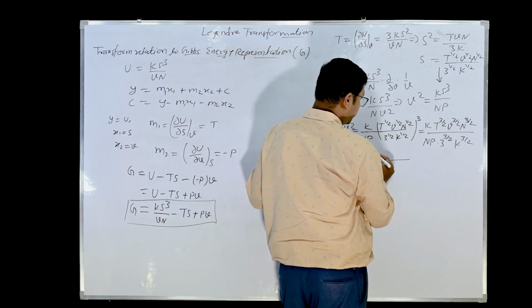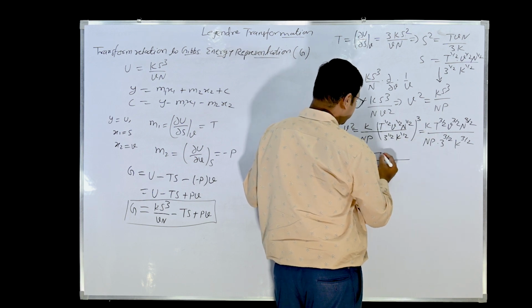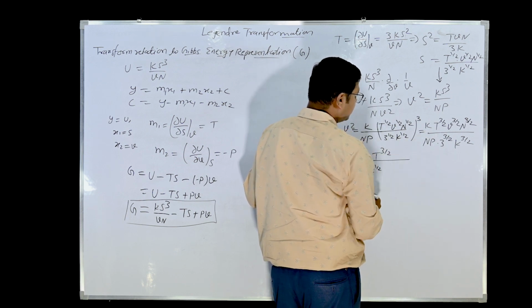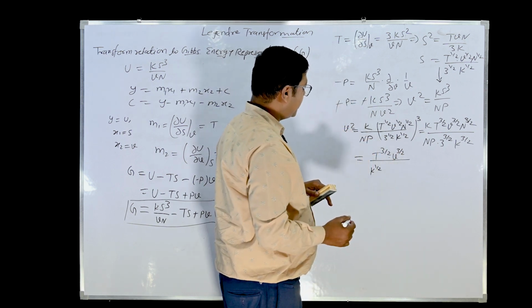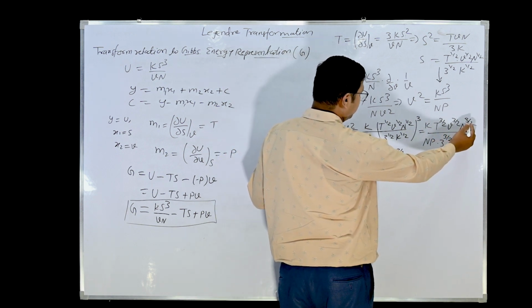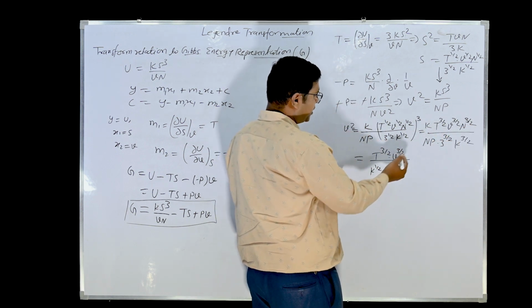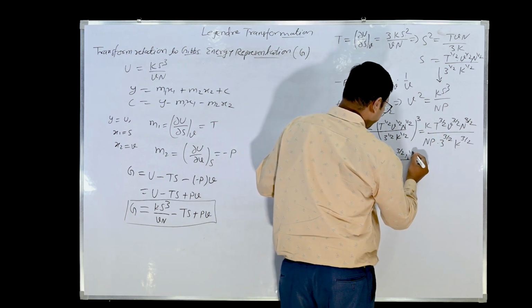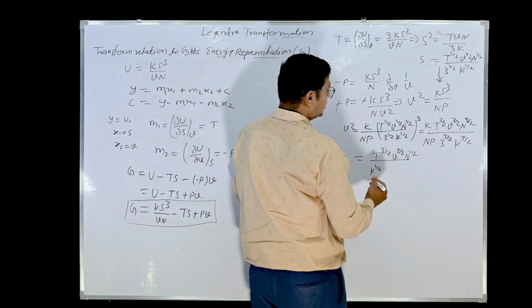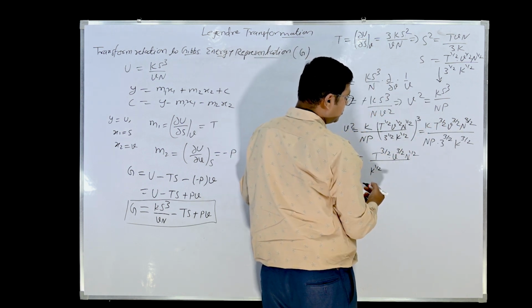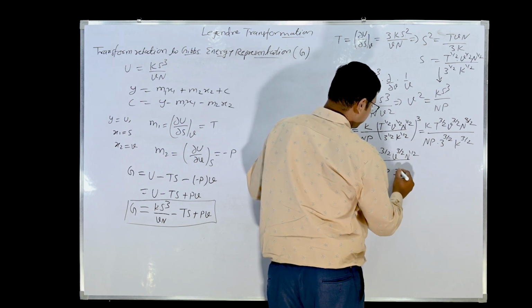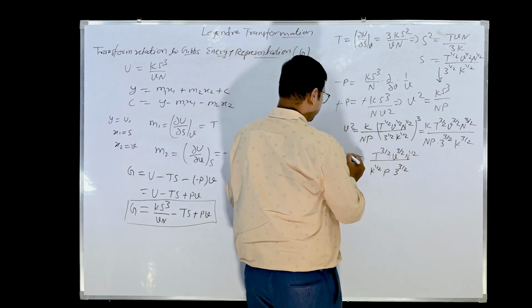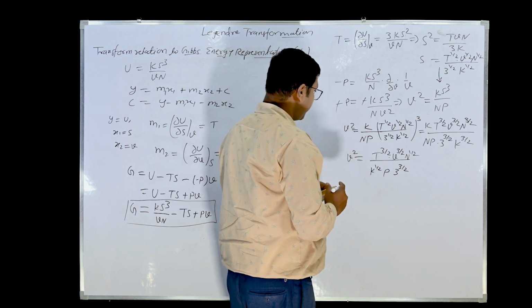T in the denominator, no T, so T to the power 3 by 2, V to the power 3 by 2 is still there, then N to the power 3 by 2 in the numerator and N in the denominator, so N to the power 1 by 2. P is there in the denominator, and 3 to the power 3 by 2. So this is the value of V square.